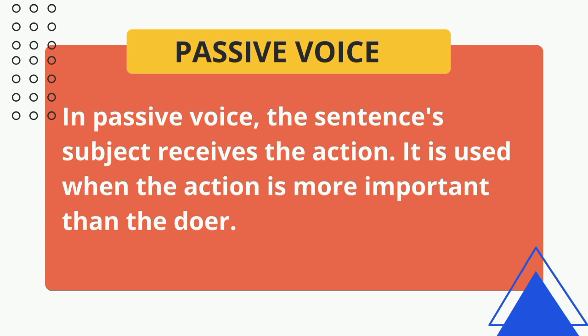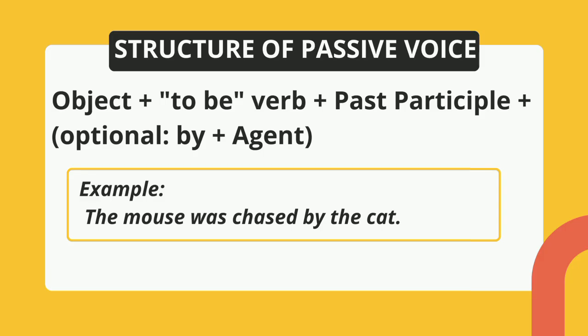And what is the structure of the passive voice? We have the object followed by the to be verb, followed by the past participle, and also the agent, by plus agent, although that is optional. Let me explain the structure again.